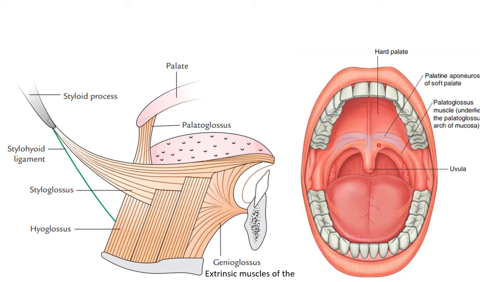The palatoglossus forms a fold here, which is called the palatoglossal arch. Its action is that it pulls up the root of the tongue, and it also approximates the two palatoglossal arches.